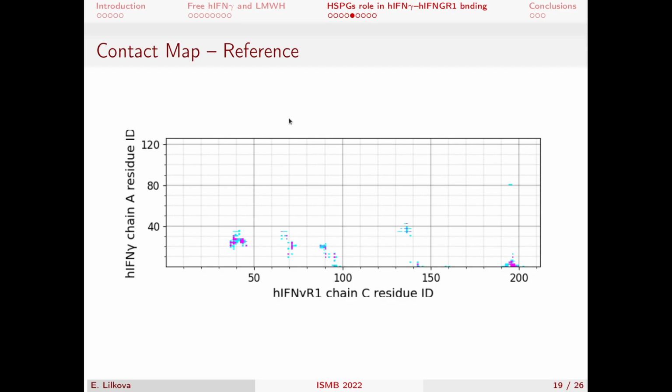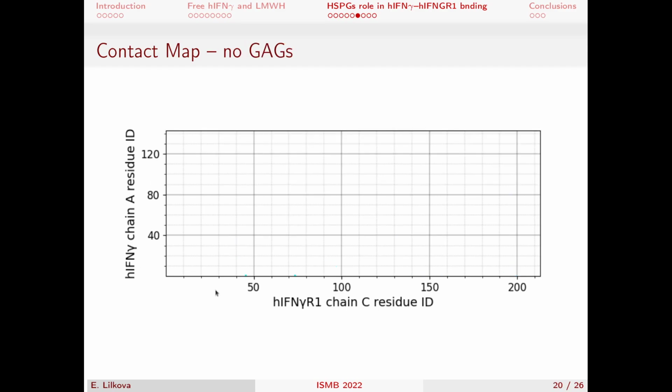So these simulations had a length of 600 nanoseconds. This is the reference contact map for one of the receptor chains and one of the monomers of the interferon gamma homodimer. As you can see, when we don't have GAGs, this cytokine chain does not interact with this receptor at all.